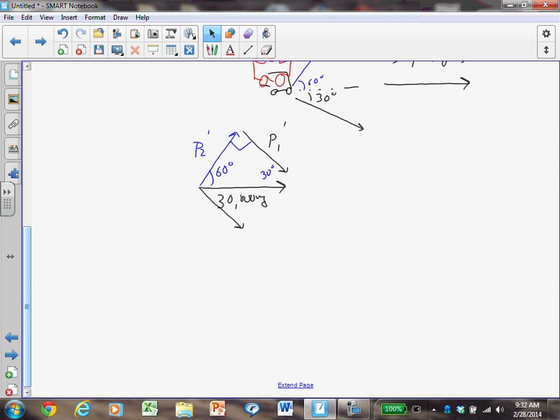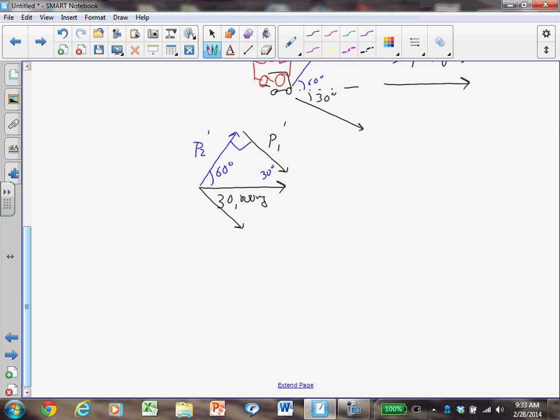Well, the last one that we did in class, you were able to find the components of each one. All right, so let's find it.